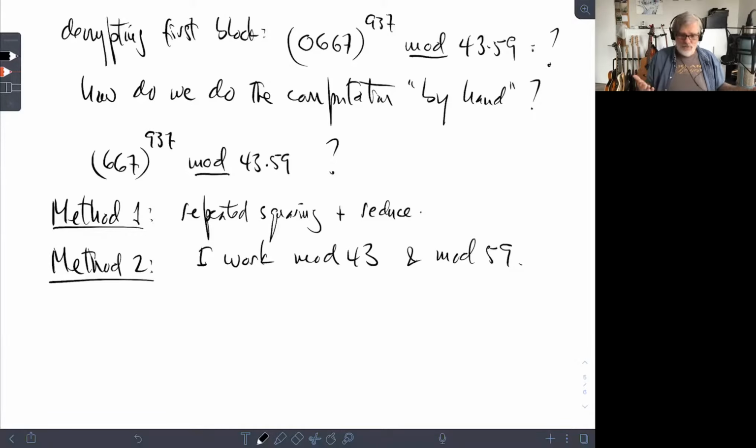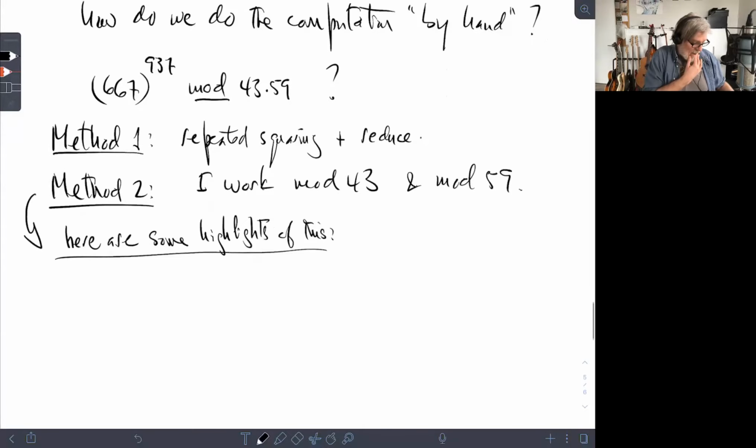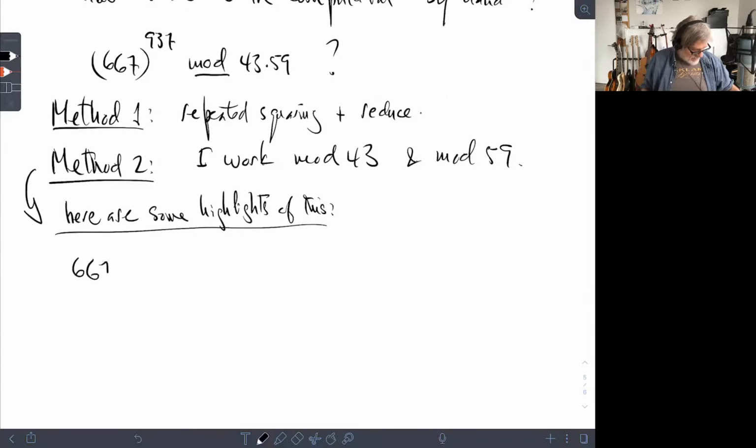And so I'm sort of illustrating here. So here are some highlights of this. Okay, so I've got 667 power 937, and I want to reduce this mod 43. What am I going to use to do that?